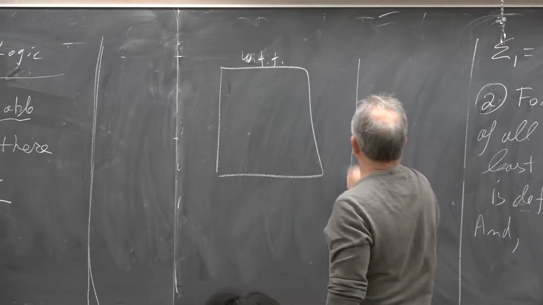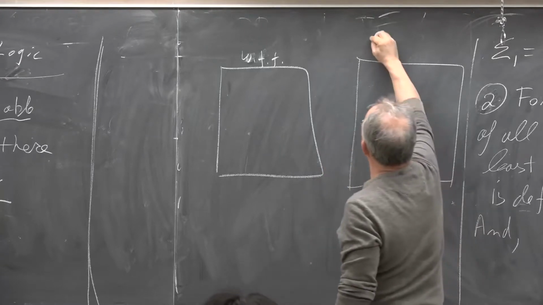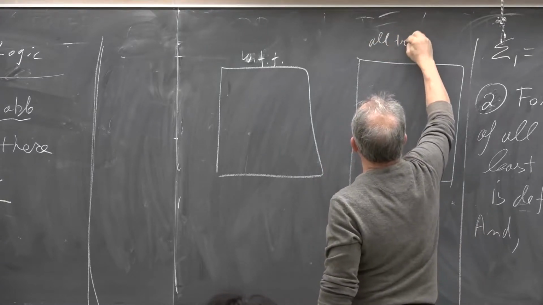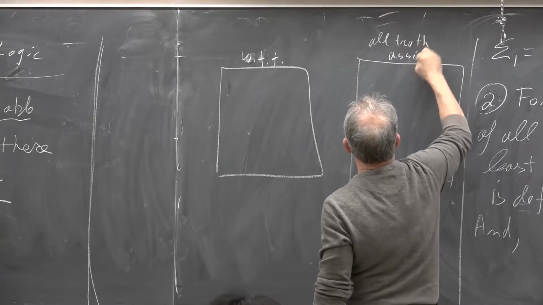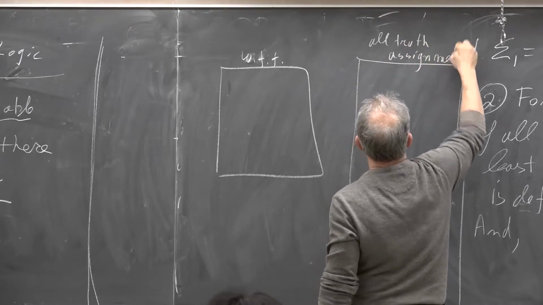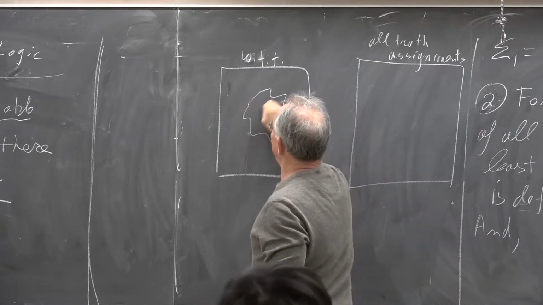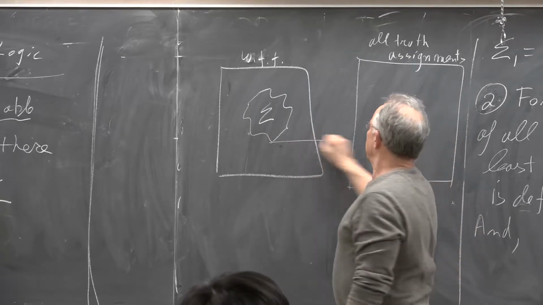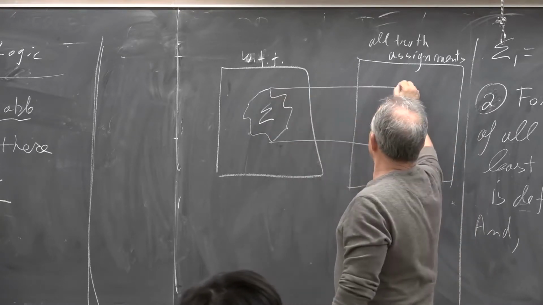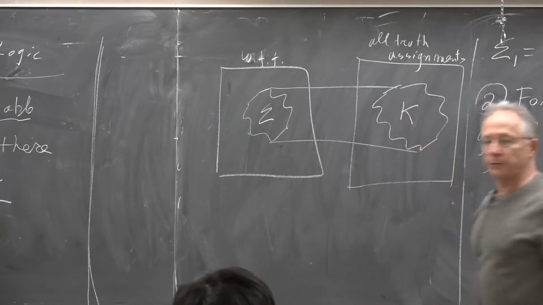And here I have, instead of structures, all truth assignments. And I could take a set sigma of WFFs and look at the set of all assignments that satisfy sigma.